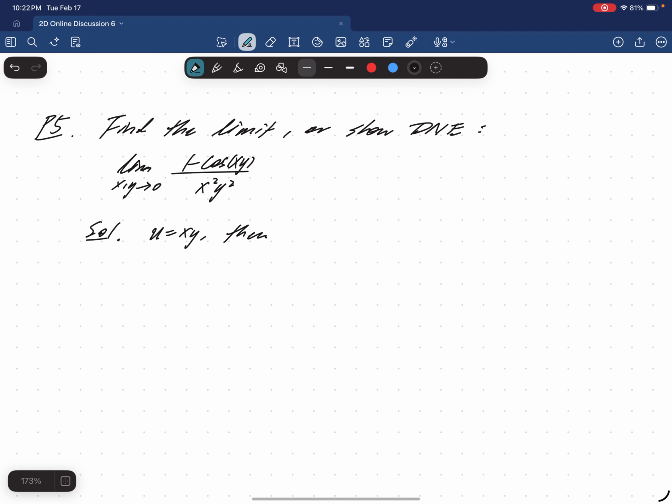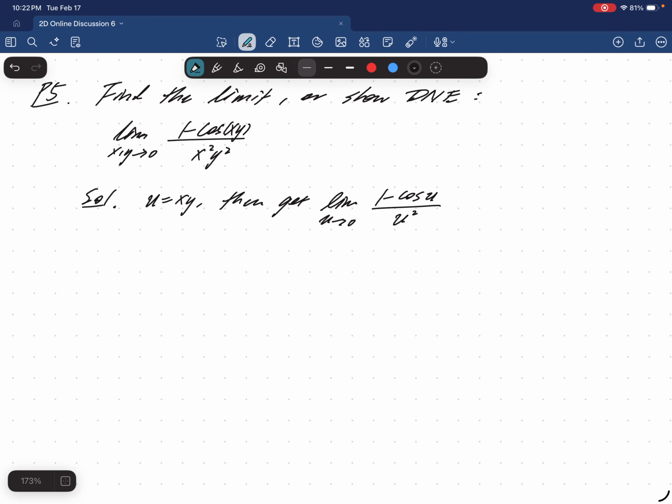Then this limit becomes the limit of u going to 0, because if both x and y go to 0, then their product surely goes to 0. So the limit of u going to 0 of 1 minus cosine u over u squared. So we just need to see if this limit exists and compute it.